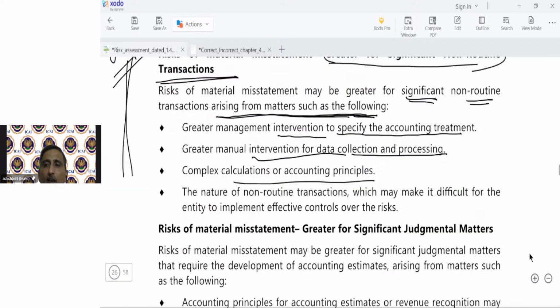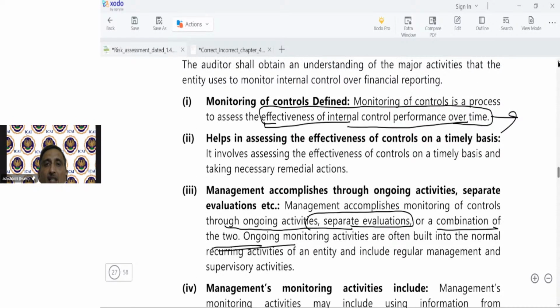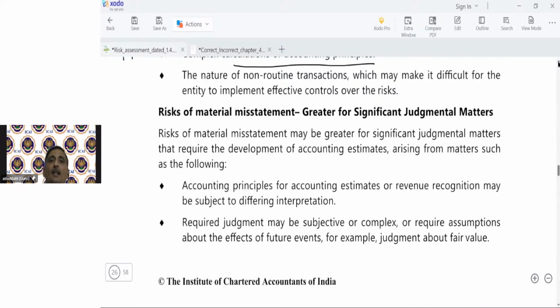Yes. Risk of material misstatement is greater for significant judgmental matters. So again the same thing. If judgmental matters are involved, which is significant, risk of material misstatement would be greater. So same thing, like some new judgment has come.